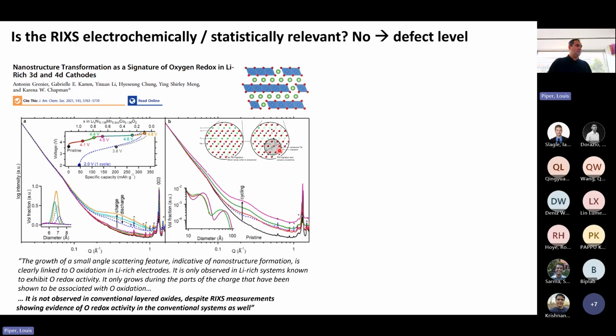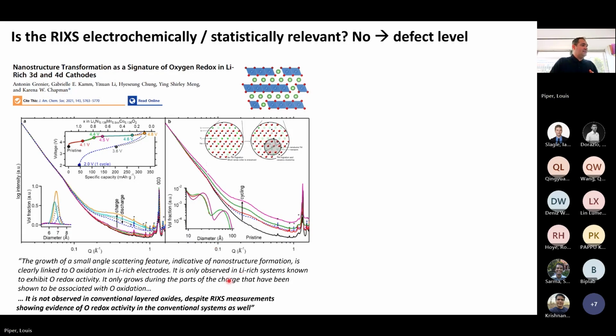So this is an example of small angle X-ray scattering. This was nice work by Shirley Meng and Karena Chapman, where they took these lithium excess systems and used SAXS to see if they could see these voids form. And we do see these voids form. We see this bump here as we cycle. It does vary, and we can see evidence that we have these voids. And we don't see these in conventional layered oxides.